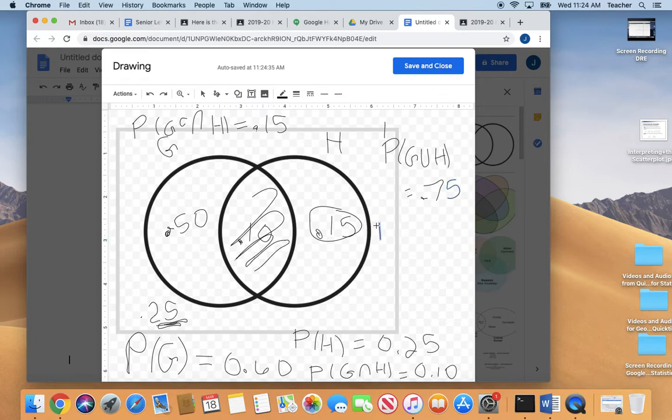Or you can remember that addition rule that we talked about. And so you're going to probably want to go back and remember this addition rule, because you're going to need it to solve lots of different problems.